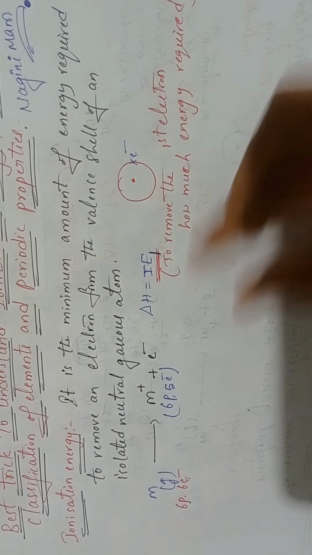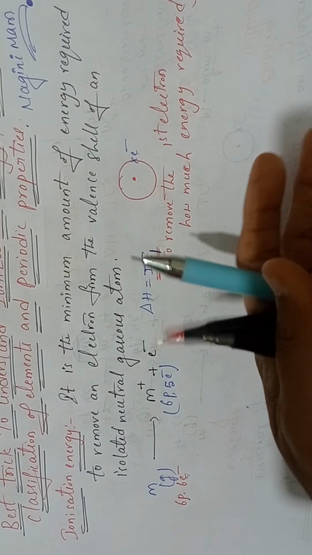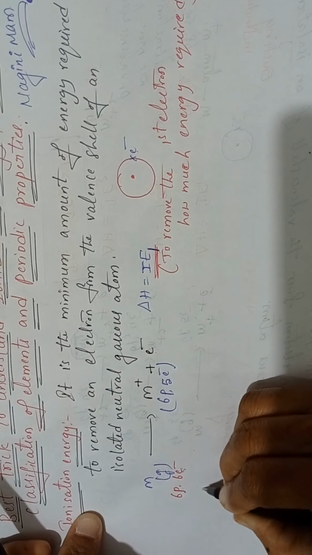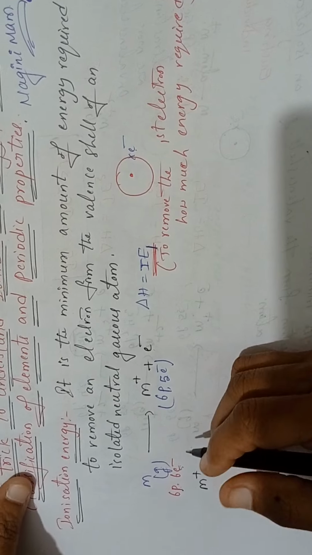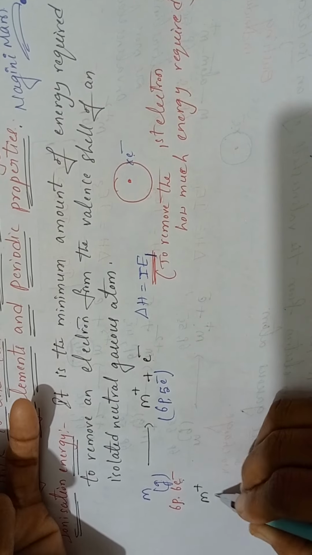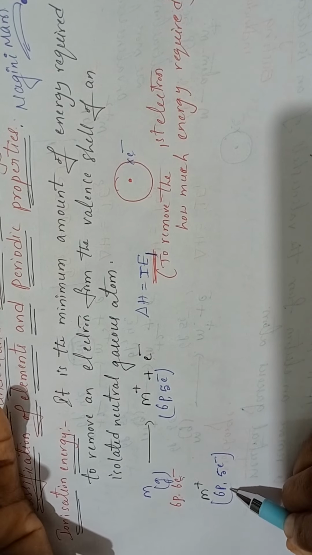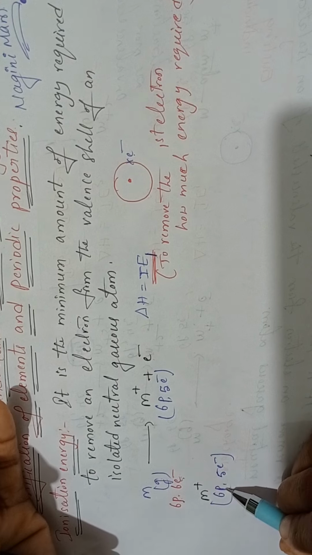Okay, now from this M plus ion, once you observe, students, M plus ion has 6 protons and 5 electrons. Now the protons number is more, positive charge is more.